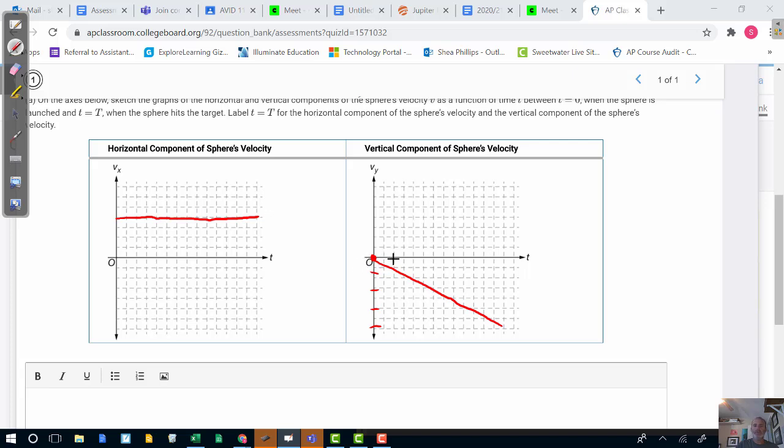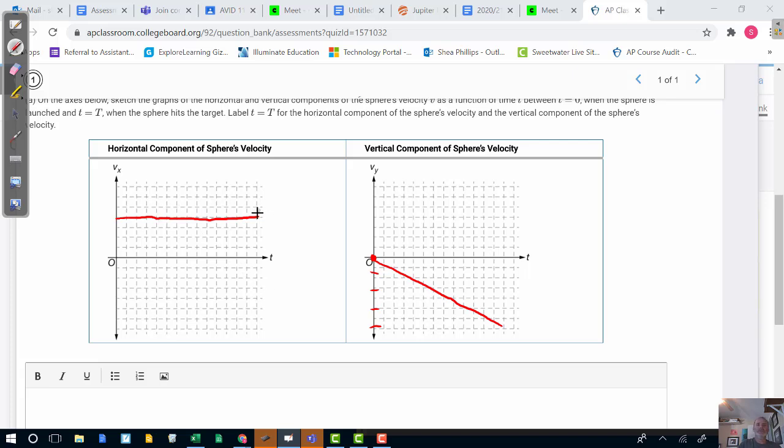After 1 second, I may be moving like, let's say, -1 meter a second, and then after 2 seconds, I'm moving -2 meters a second. So as time goes on in the y direction, I just keep on picking up speed in that negative direction. All right, let's just make sure I got everything here. Yeah, okay, so then that's all we need.